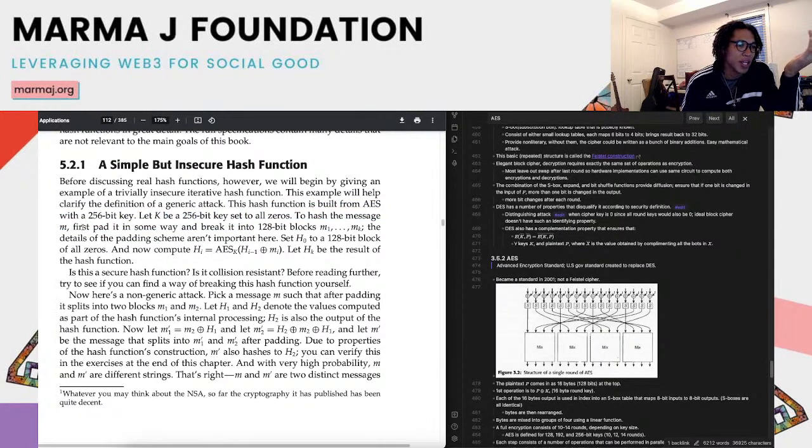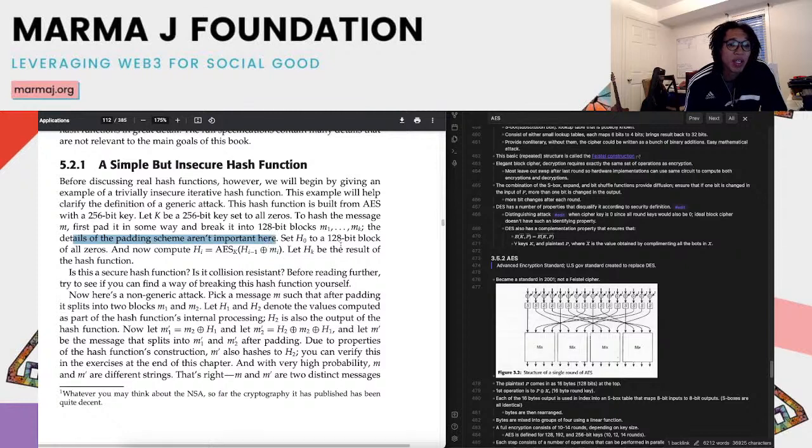To hash the message, first pad it in some way, and break it into 128-bit blocks M1 to MK, the size of the key. The details of the padding scheme aren't important.